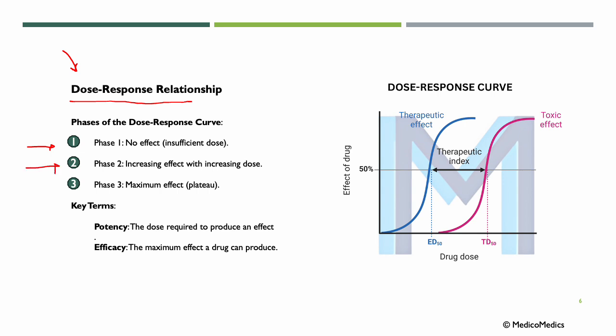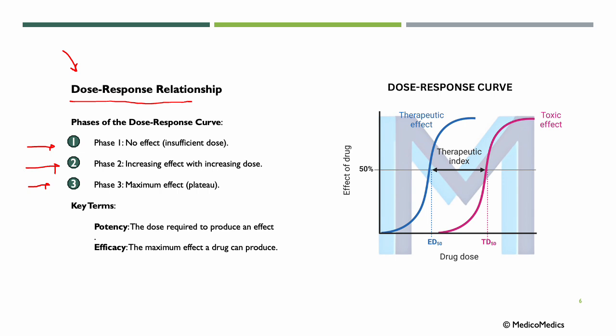Phase 2, however, reveals a steep increase in drug response with rising doses. This is where the drug is most effective. And phase 3 is the plateau, where increasing the dose further produces no additional benefit, indicating that maximum efficacy has been reached.